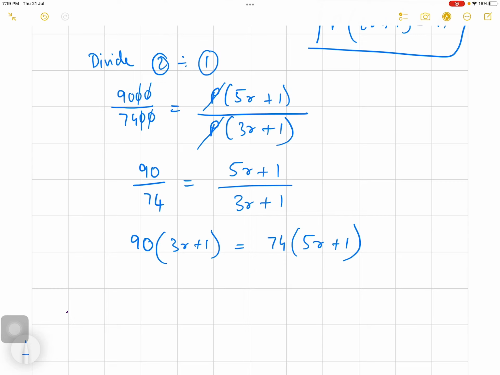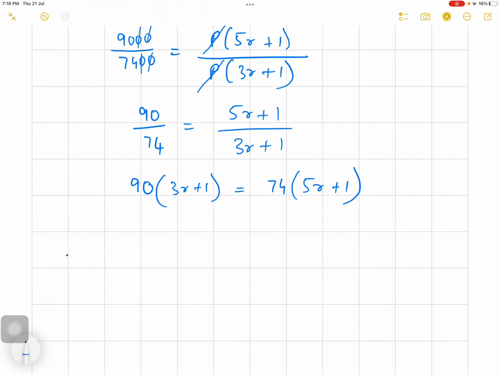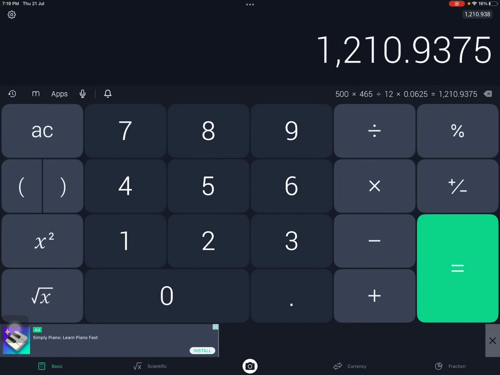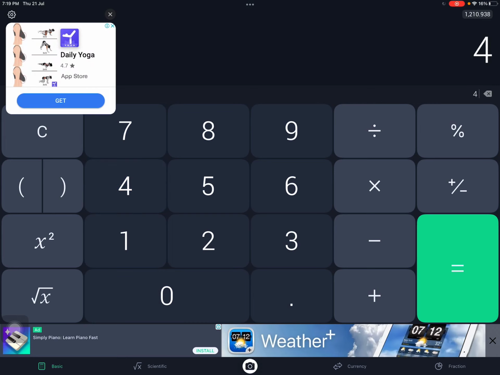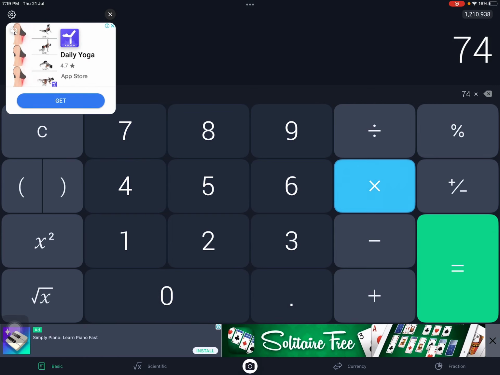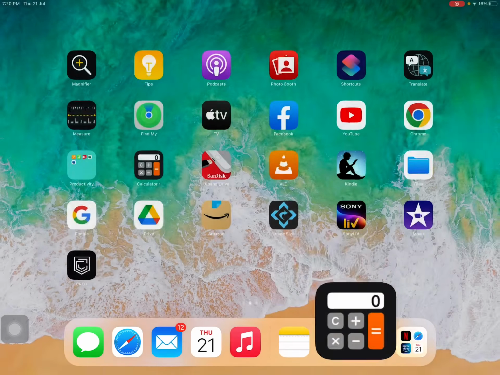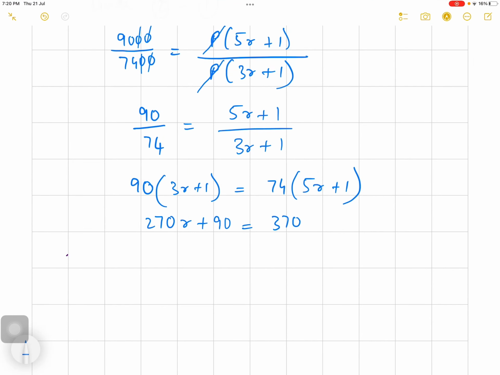So 90 into (3R plus 1) is equal to 74 into (5R plus 1). Let us open the brackets. Our intention is to find the value of R. So 90 into 3 is 270R plus 90 is equal to 74 into 5, which is 370R plus 74.